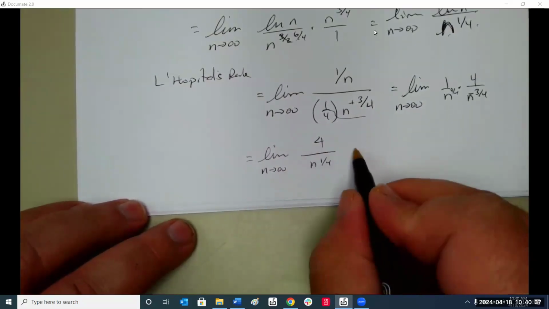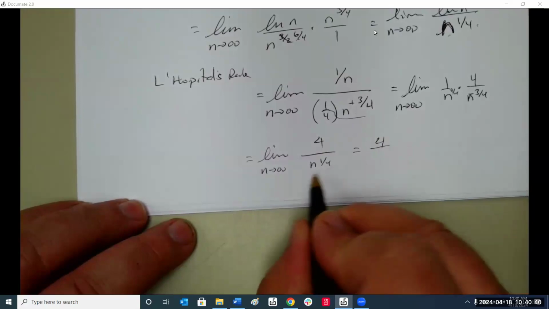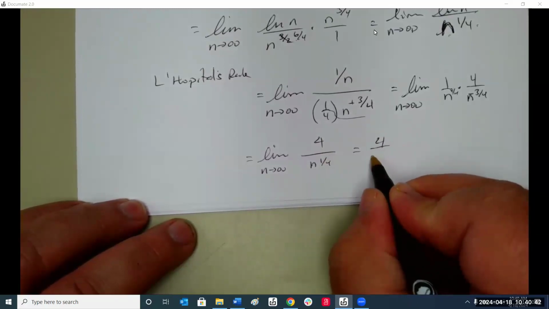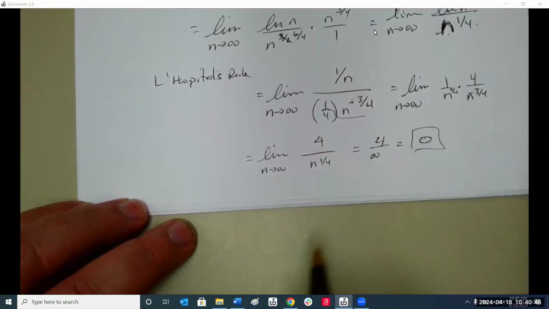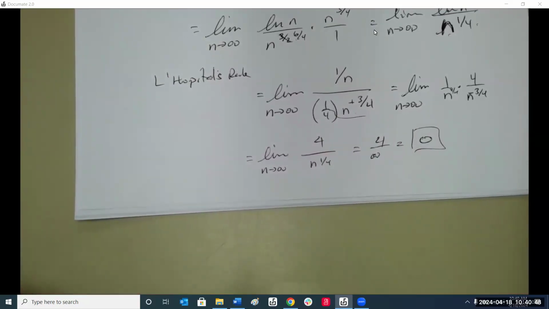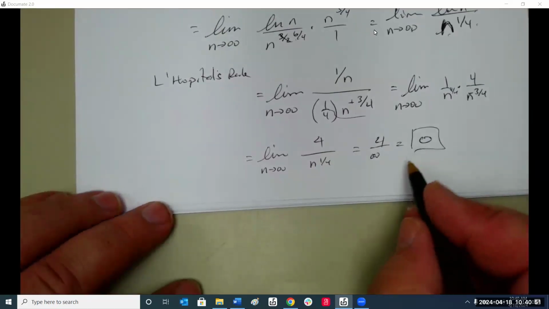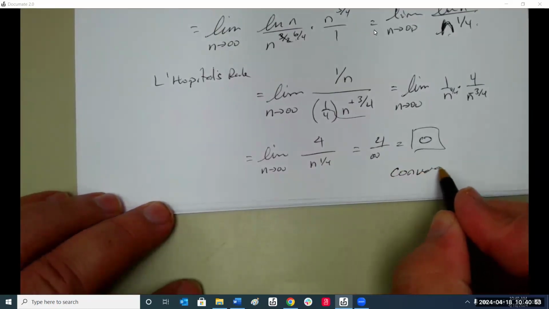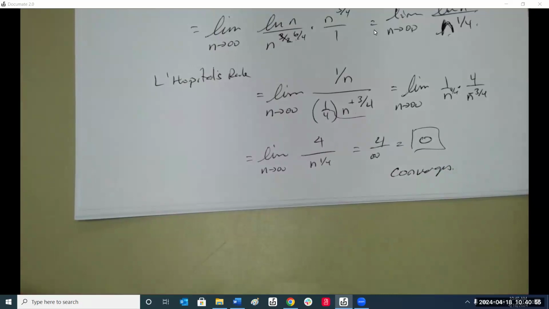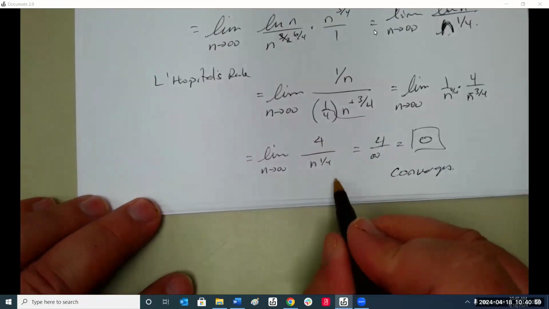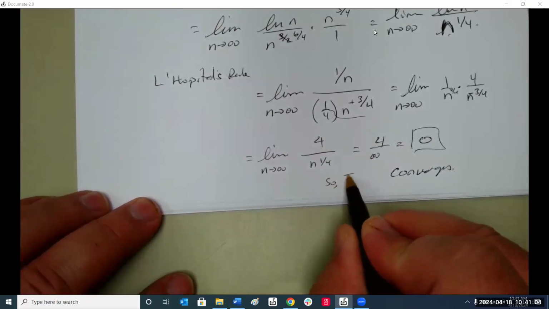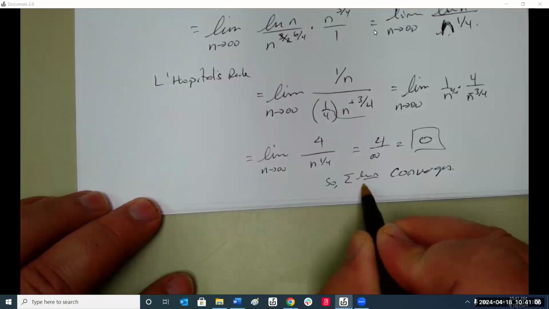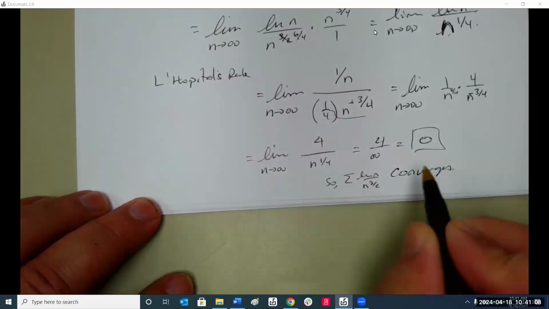Now as n goes to infinity, that goes to 0. So our function converges.